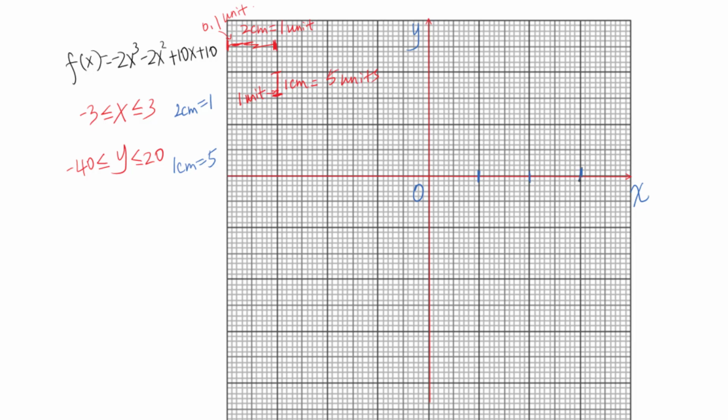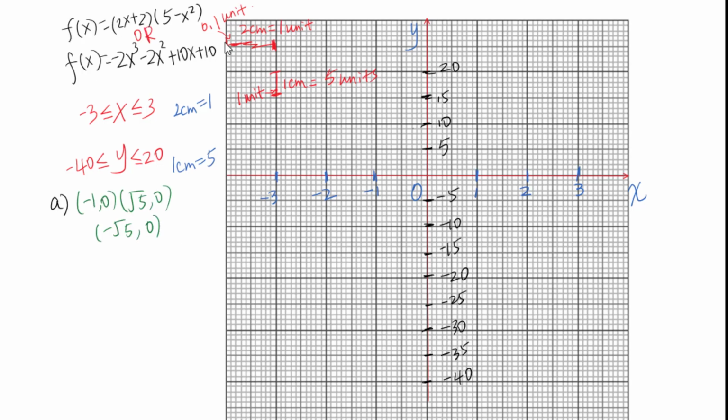So we have 1, 2, 3. Here, -1, -2, -3. For the y-axis, 1 centimeter represents 5 units. Now you finish labeling the scales for the x-axis and y-axis.